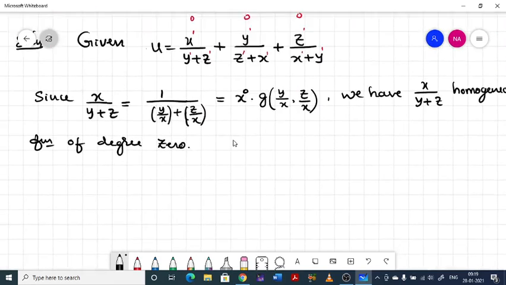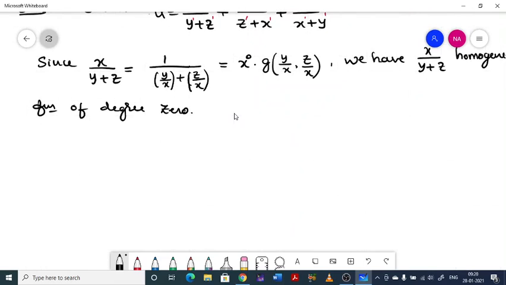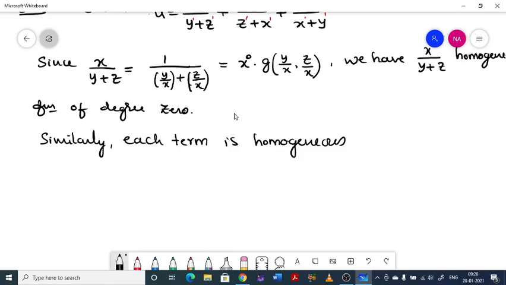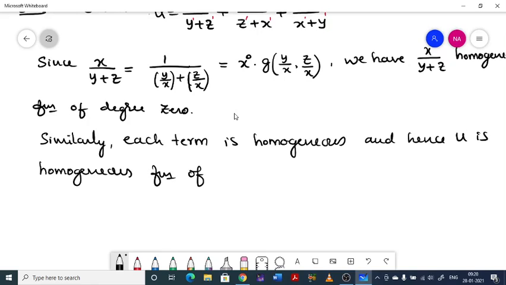Similarly, each term is homogeneous and hence u is a homogeneous function of degree 0.